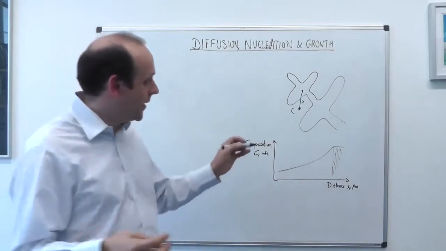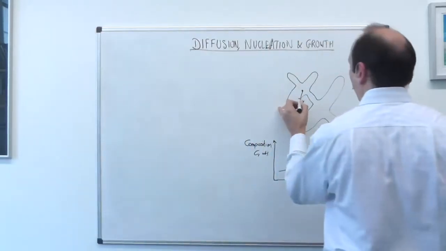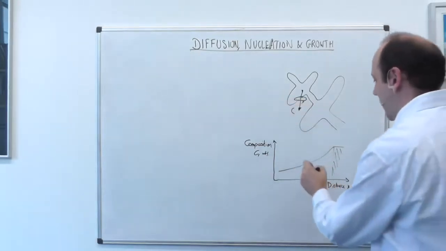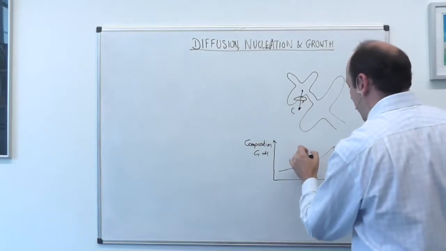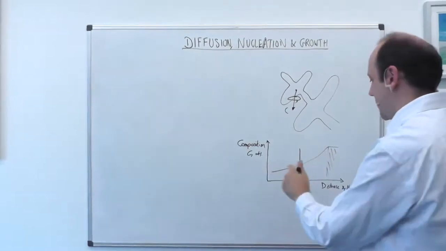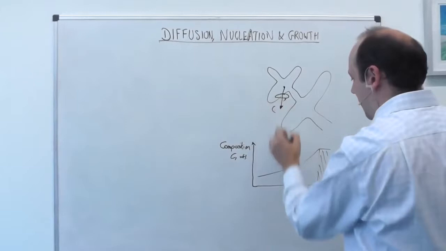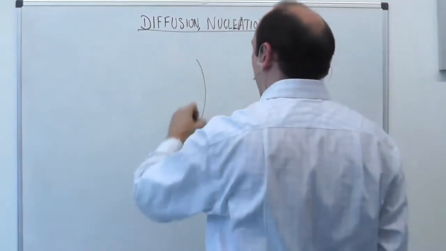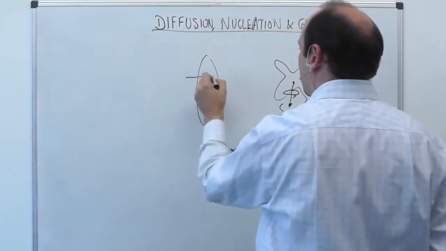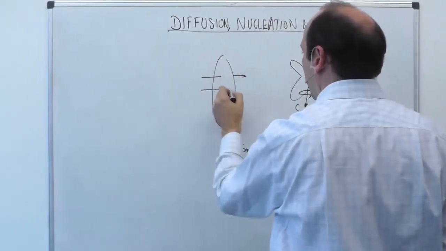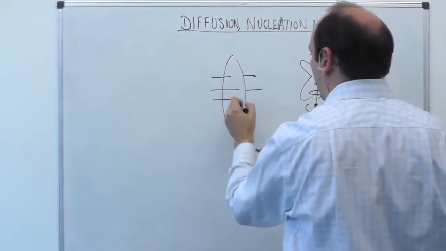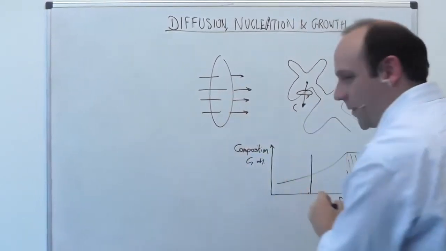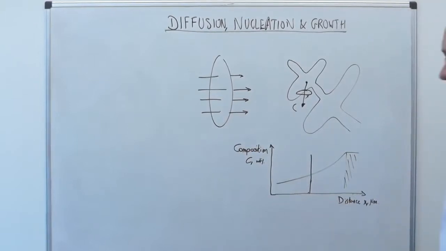So we consider here, if we take a control area, sort of projected into the page, and we ask what the flux is, the movement of atoms through that area, say at that position in distance. So we imagine we've got a control area and a flux of atoms going through that area, in the middle of this composition profile.